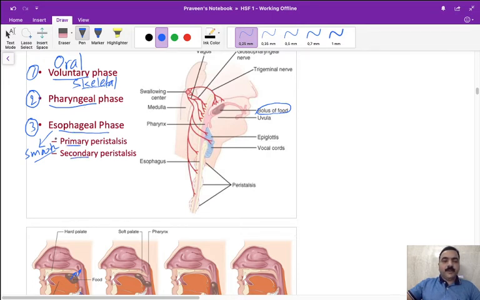Most of the food will go down just by the primary peristalsis. But if the food is a little bit hard and cannot move, especially in a person in a supine posture, lying down in bed as a patient, what will happen? They may not get the support of gravity, so they may have to initiate the secondary peristalsis.